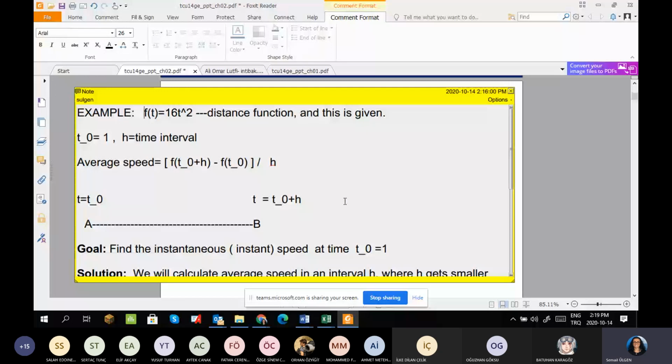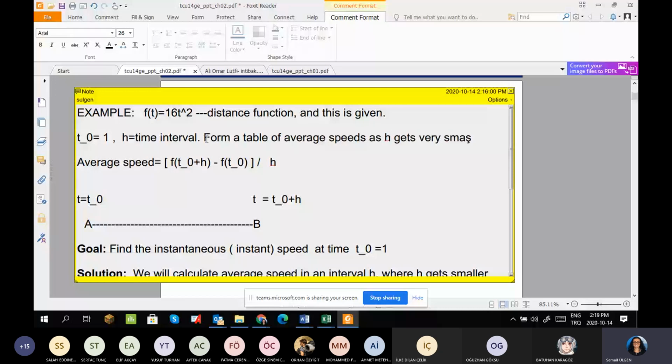So the question is: form a table of average velocities, average speeds, as h gets very small.